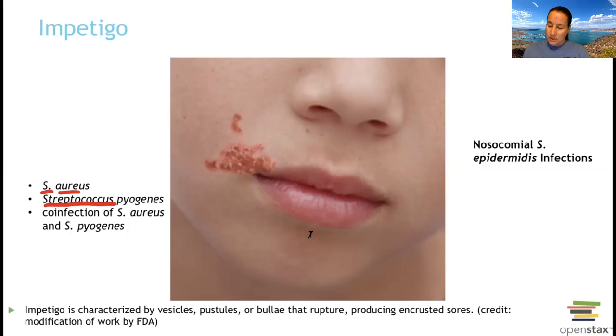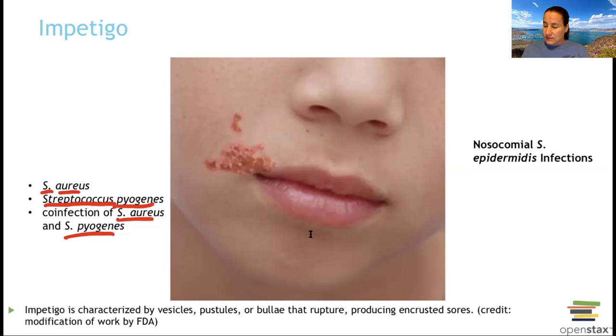It could be Strep pyogenes, or a combo of Staph aureus and Strep pyogenes. It just depends. But it's going to have pustules, maybe bullae, and these are blisters that will pop and crust over. It's not so fun to have, but some typical topical or oral antibiotics should be able to get this under control.